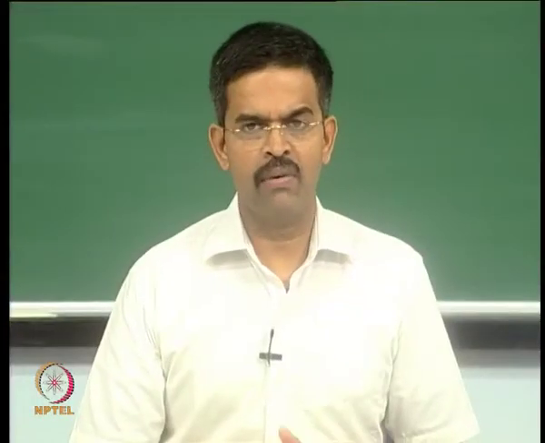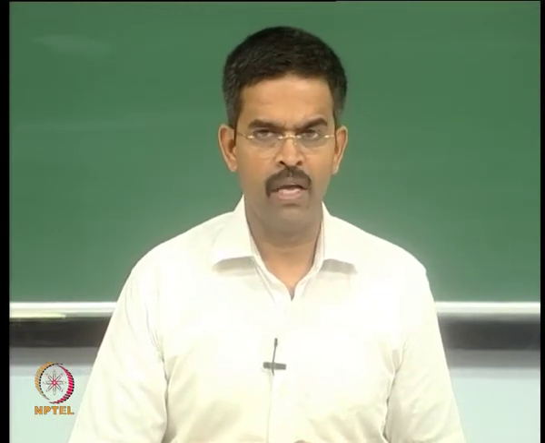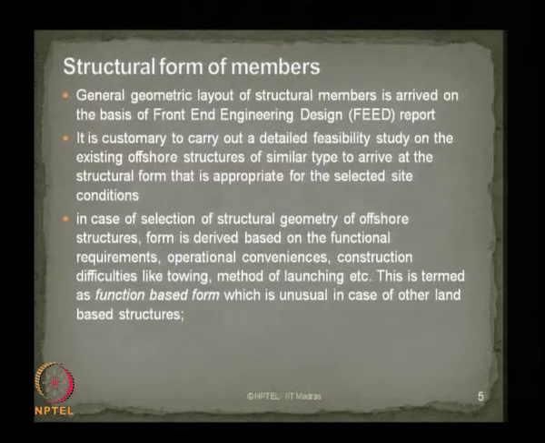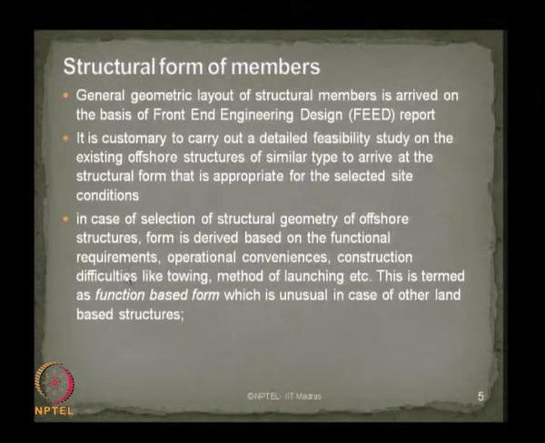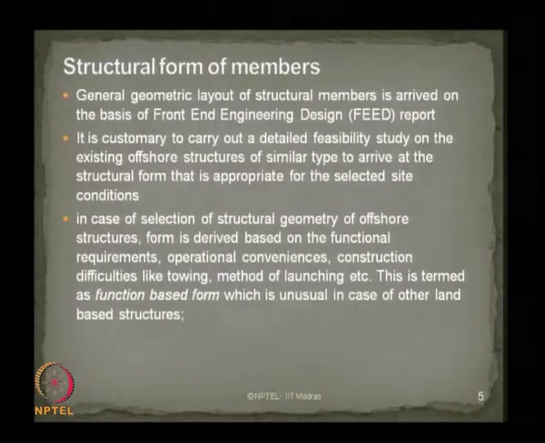We have seen, ladies and gentlemen, in the lectures in the first module that the structural forms vary depending upon their site installation conditions. In case of structural geometry of offshore structures, form is essentially derived and designed based on the functional requirements, operational conveniences, and construction difficulties like towing, method of launching, etc. So, the geometric form of an offshore structure is not only governed by the water depth, it is governed by many factors which are essentially functionally dominated and operational conveniences.